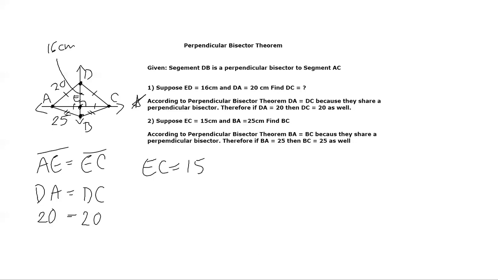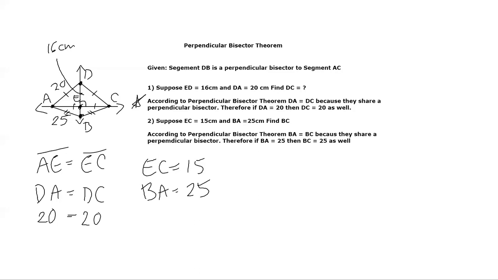Now I know that AD is 20 and it looks like it's bigger than AB, but just ignore that for a second. These two problems are separate problems. In the second problem, again, we're supposing that BA is 25 centimeters. They want us to find BC.